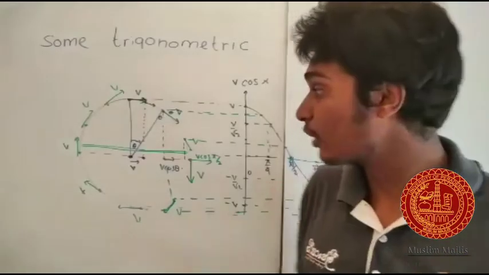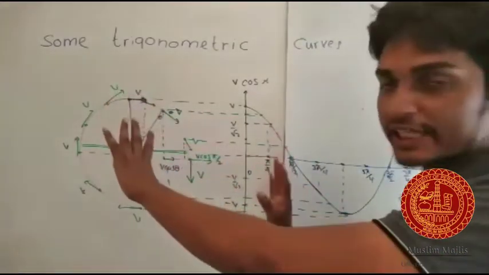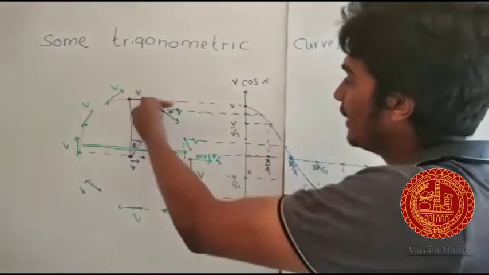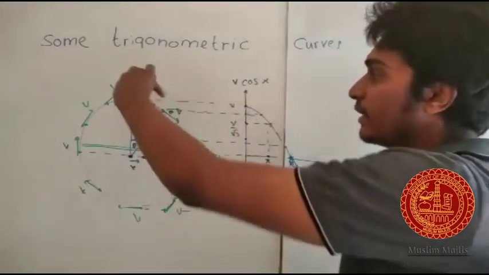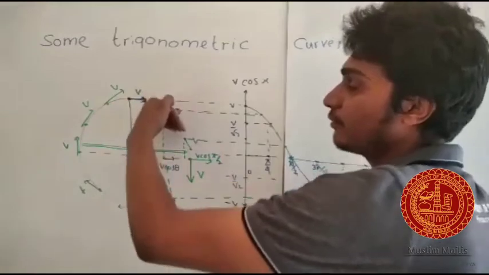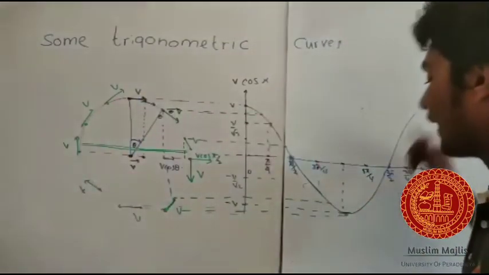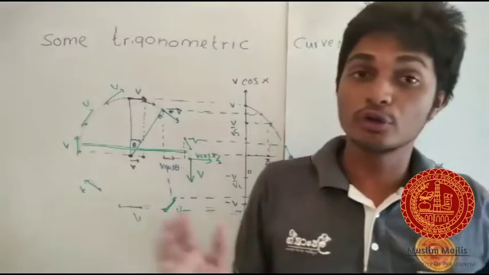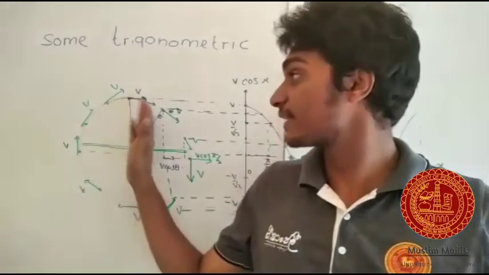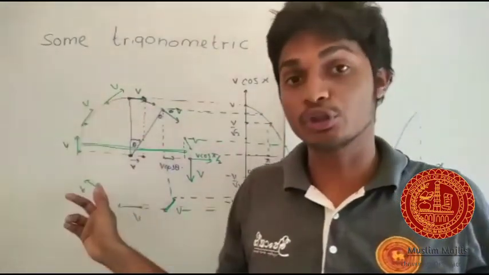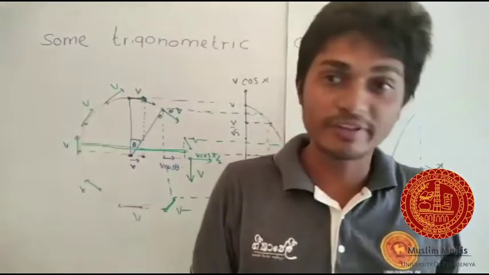Whatever it is, according to this value, it's going to change. When you have V in that direction, the V cos theta is going to be this value, and you have a kind of a beautiful pattern which is going to work for simple harmonic motion when it is considered as a circular motion. So we are just going to move on with that.